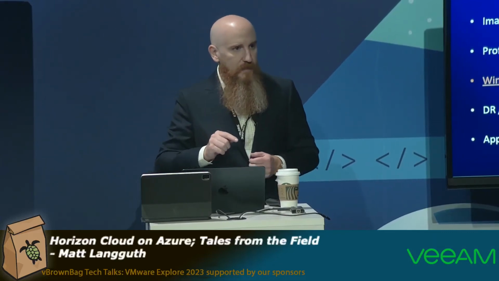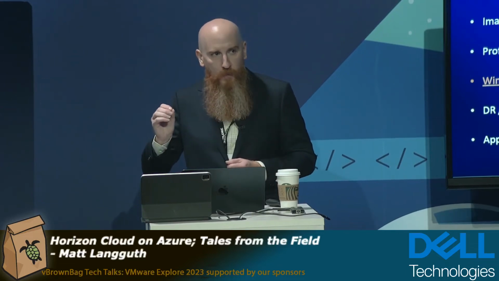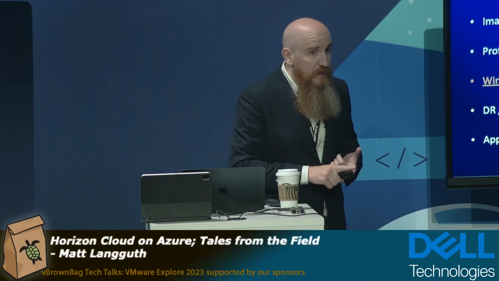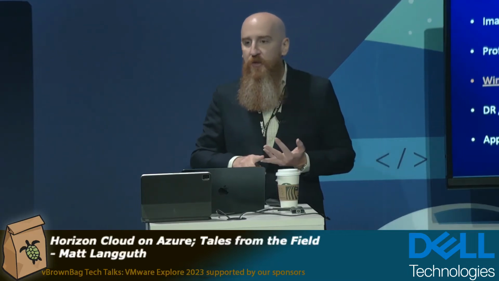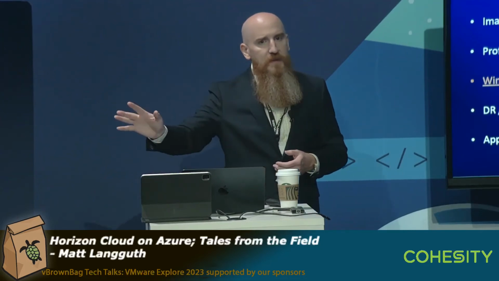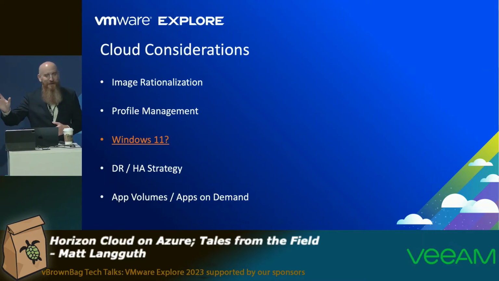This is the time, as admins, to take the time to do a proper image rationalization to find out what your CPU, memory, and storage needs are. Because in some instances where we deploy a desktop deployment, right, we spend hundreds of thousands of dollars on a cluster infrastructure, and we try to cram as many desktops as we possibly can, right?